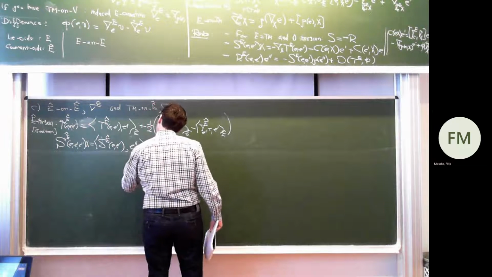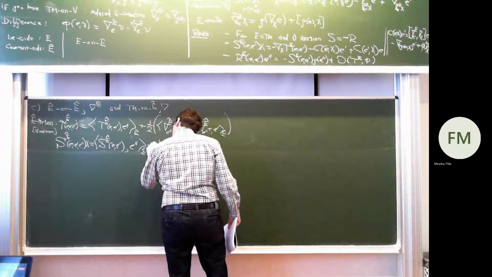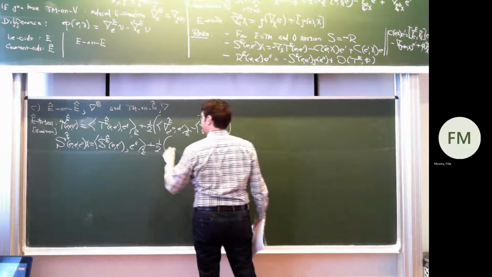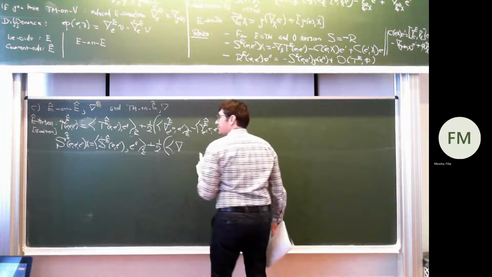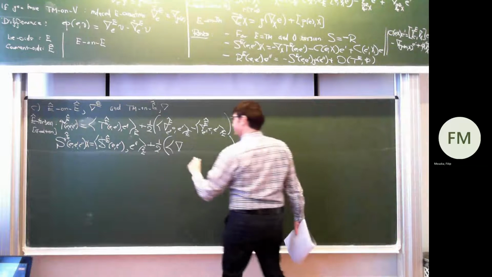S, this object here, which we know that it's not a tensor yet, and then it is plus 1/2 bracket parenthesis nabla. Now recall that now we're talking about the Tm connection on E hat, right? Correction.